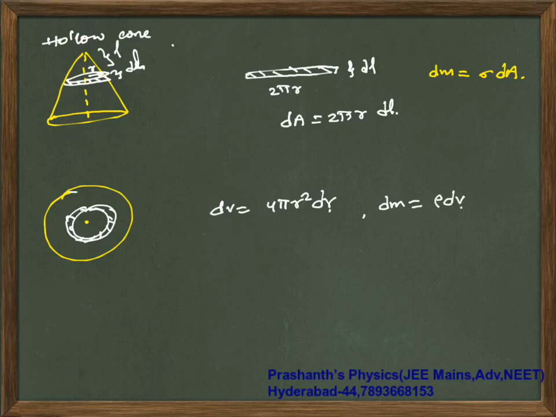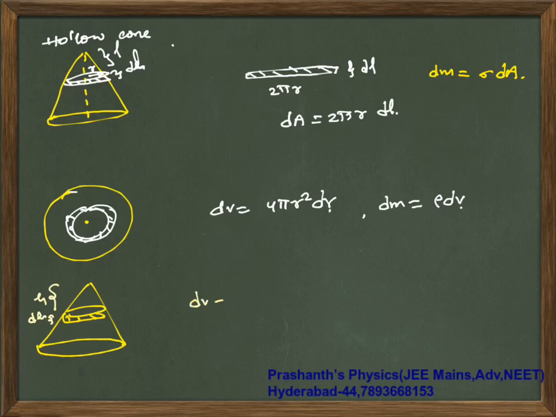And if there is a solid cone like this, you take a small strip here with height h and width dh. Your small volume dV is pi small r square into dh.